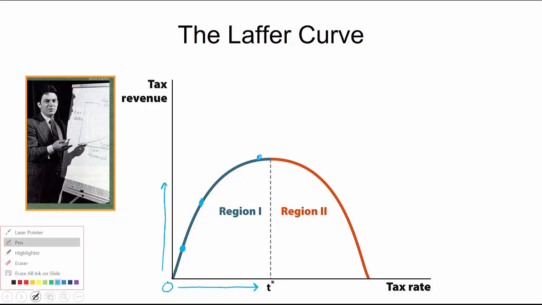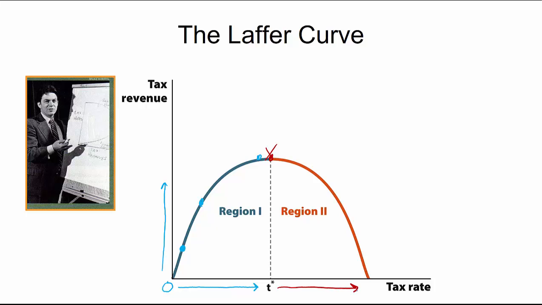Once you reach that point, whatever it is, we'll call it X here, at that point, higher tax rates actually are going to reduce government revenue. So that 91% tax rate was probably around here. The 28% is probably around here.